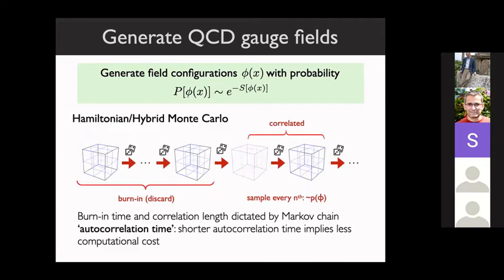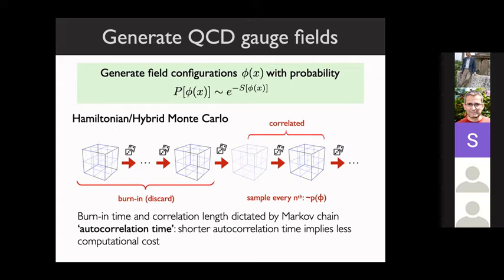So what's traditionally done is a hybrid or Hamiltonian Monte Carlo approach where you're updating configurations. You take conjugate momenta from a Gaussian distribution at the start of the trajectory, then update the fields and momenta, this coupled position and momentum walk through Hamiltonian dynamics to explore the space, and then you do this again.